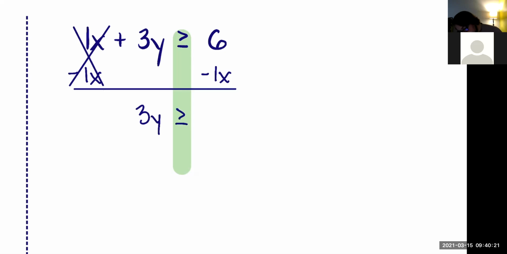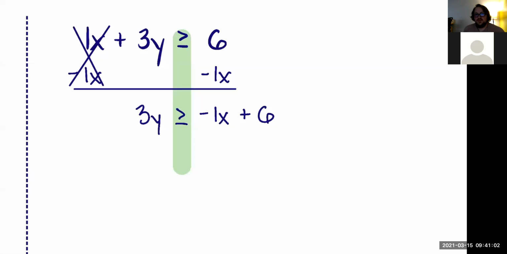Those aren't like terms on the right, so I just bring them on down. So bring down the -1x. Next to that, I'm going to bring down the +6. With that -1x out of the way, what do we still need to move? The 3. So we divide everything by 3 here.